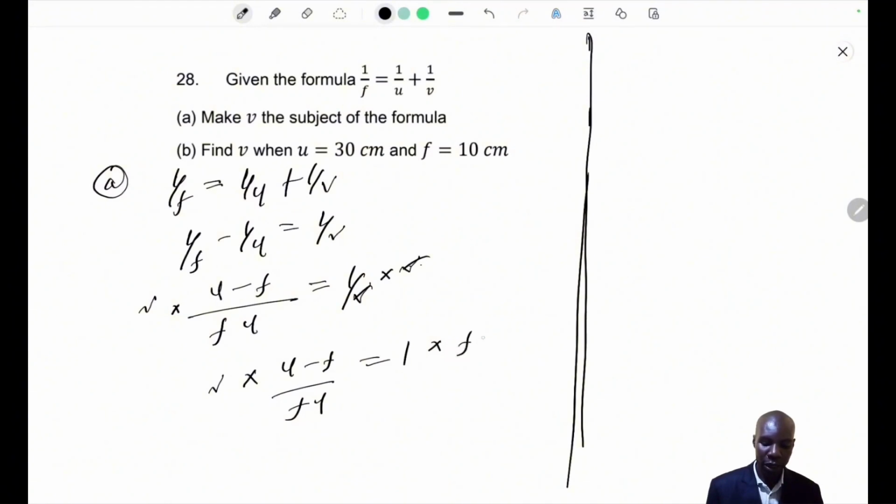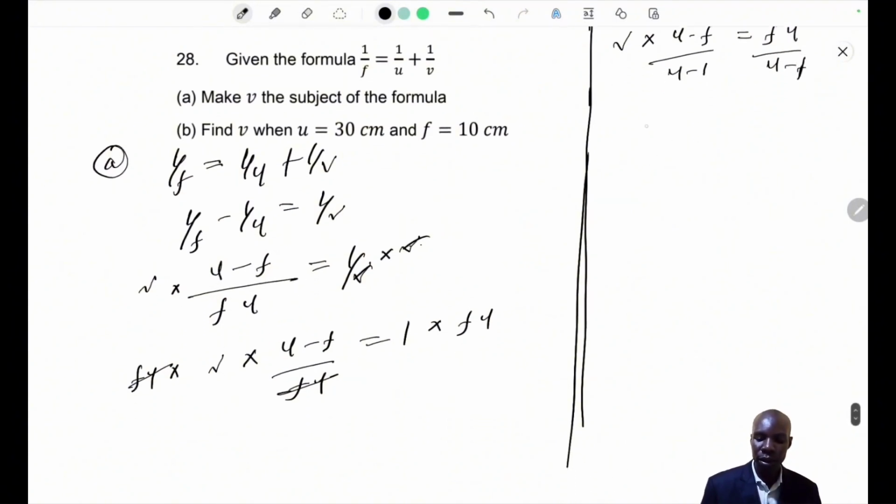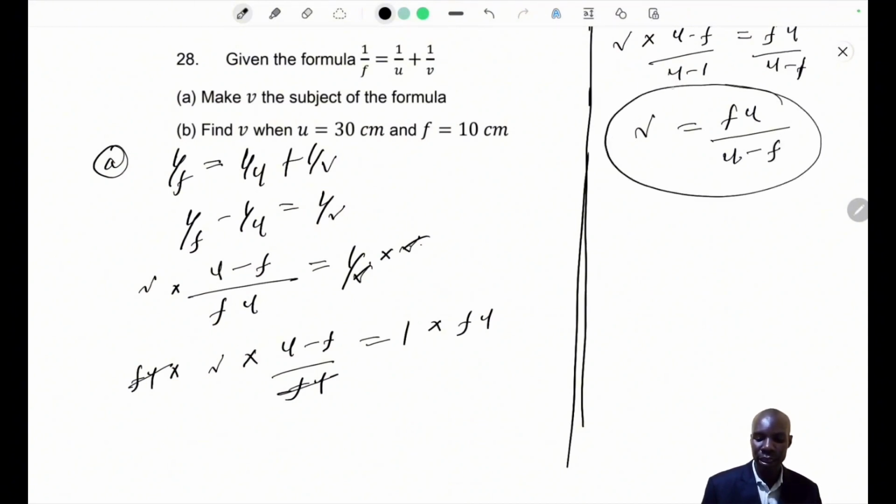Multiply both sides by fu. This one cancels out. We have v times u minus f equals fu. So divide both sides by u minus f. So v is equal to fu over u minus f. And this is the answer.